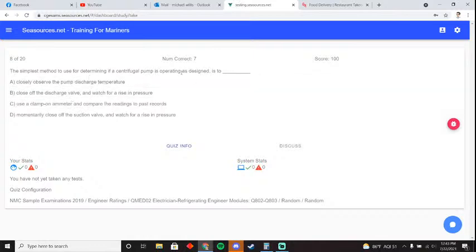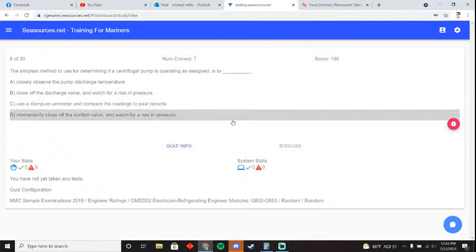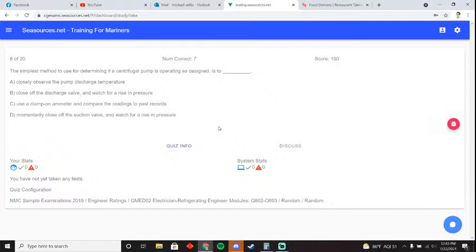The simplest method to use for determining if a centrifugal pump is operating as designed is to... So this is a pump, right? This is general knowledge. A centrifugal pump is a pump that has an impeller blade. As it spins, you have your incoming liquid. It's spinning, sucking that liquid in, and the blades are bent to force the liquid out.